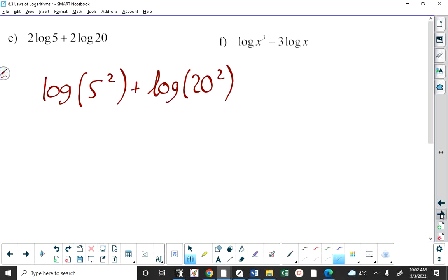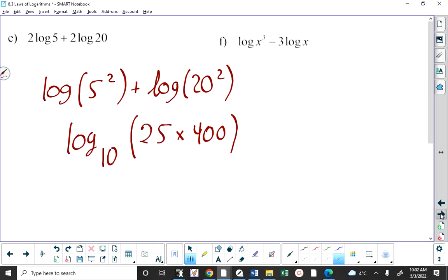I don't have to. There's other things you could do. Okay, but this is what I would prefer. Now I can write this as log of 25 times 400, because 5 squared is 25. 20 squared is 400. This is a base 10 logarithm, so I'm introducing that.